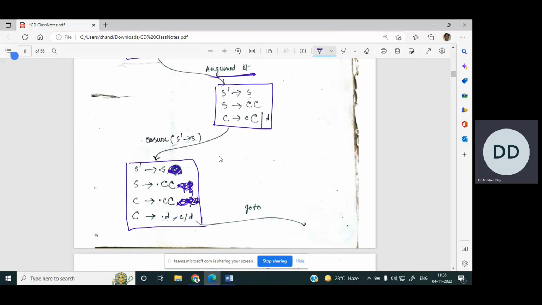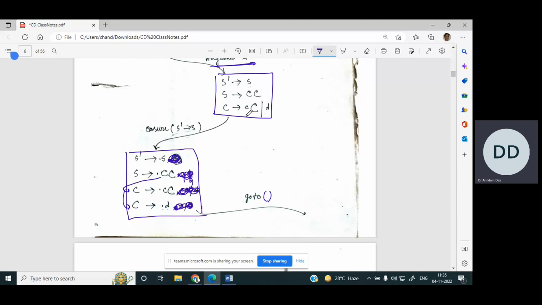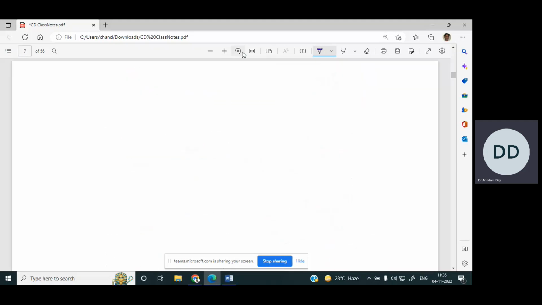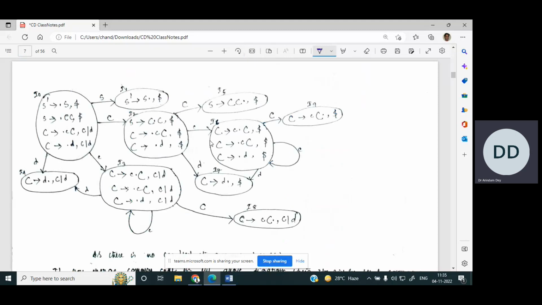S dash to dot S, S to dot CC, this capital C can be broken into this format or this format. After that, we have to perform the goto function, correct? Now in the goto function, just discard this segment. I am erasing this part. Later we will come to this example for LALR, and we will check the associated parts.